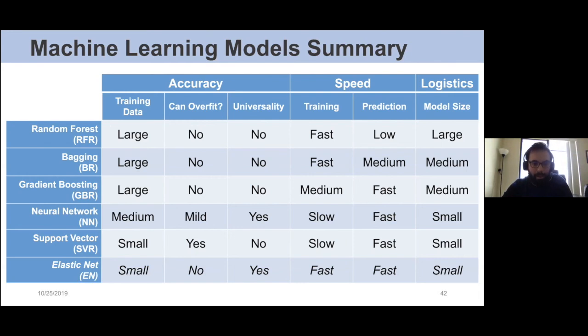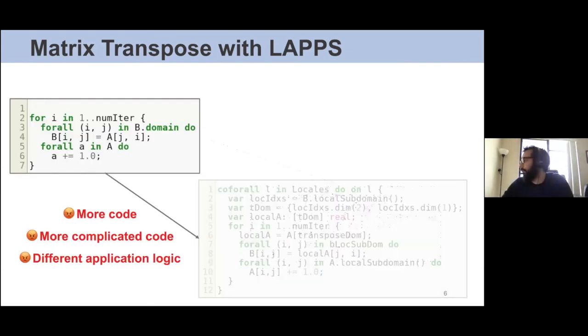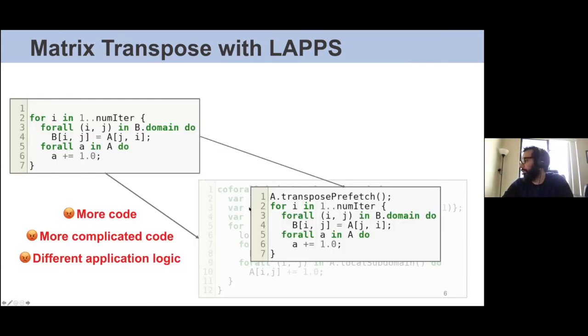Let me go back to some of the code samples that I have shown before for LABS. Here, for example, because we are not changing the application logic, you can have this transpose prefetch call here in line 1, but your application may not be doing transpose prefetch at all.